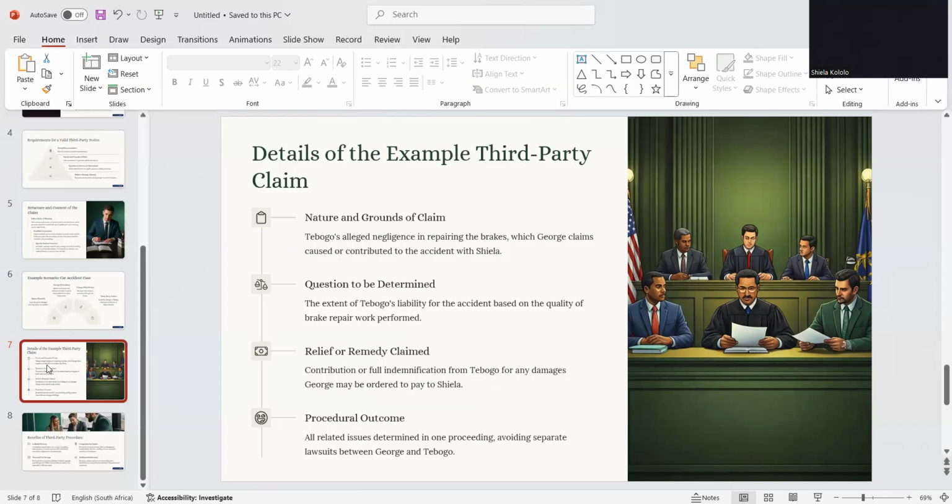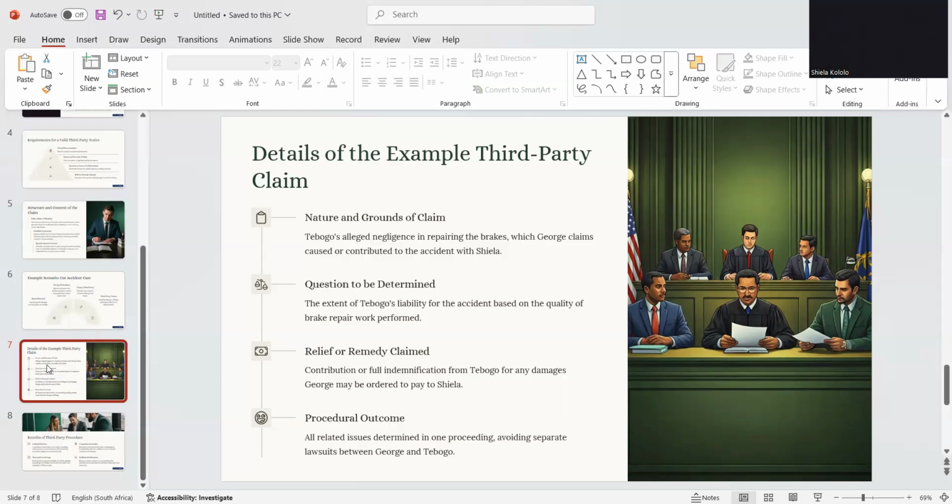With Sheila, we have to now determine the extent of liability for the accident based on the quality of the brake repair work performed. And then the relief: we are now claiming contribution or full indemnification from Tebogo for any damages George may be ordered to pay Sheila as a result of that.